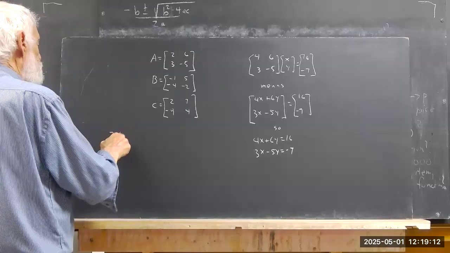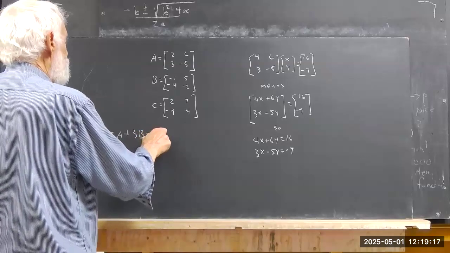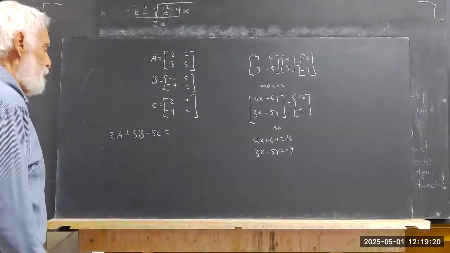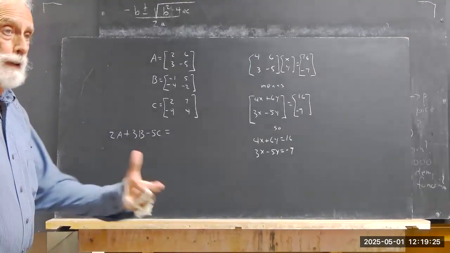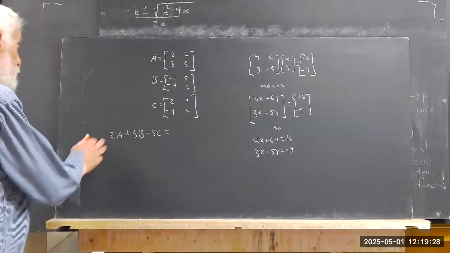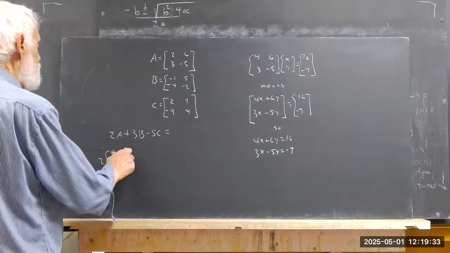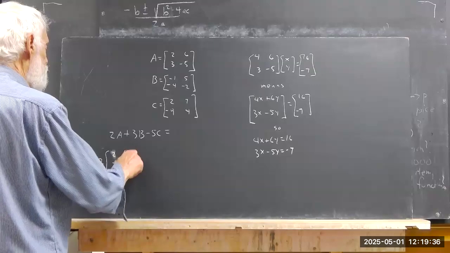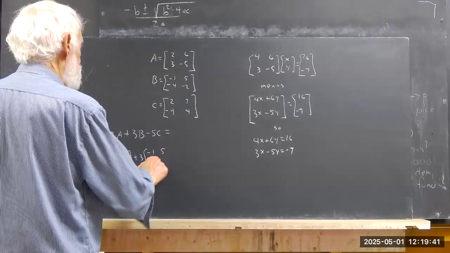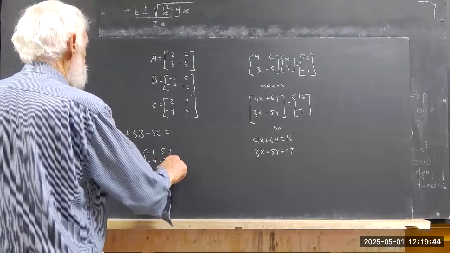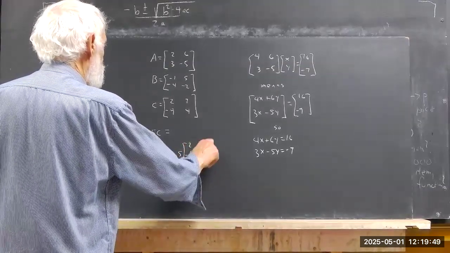Then what does 2A plus 3B minus 5C equal? Okay, so if you give them three matrices, ask to calculate this, it's very easy. We just write it out. It means 2 times matrix [2, 2; 6, 3, -5], plus 3 times the matrix [-1, 5; -4, -2], minus 5 times the matrix [2, 7; -9, 4].